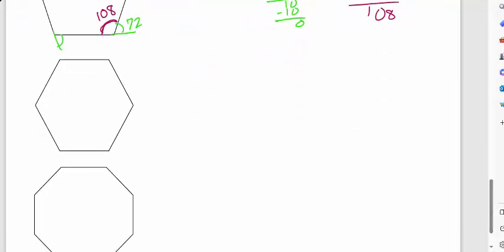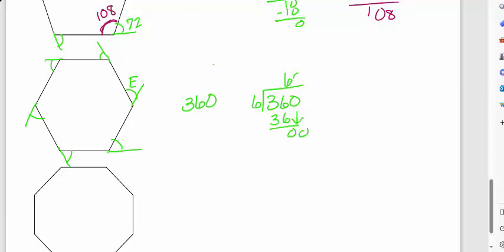For the hexagon, again, if we extend all of the sides of the hexagon, and we add up all of those exterior angles, those are all going to add up to 360 degrees. To figure out the measure of one exterior angle, we do 360 divided by the number of sides, which is also the number of angles, which is 6. 6 goes into 36 6 times. 6 times 6 is 36.